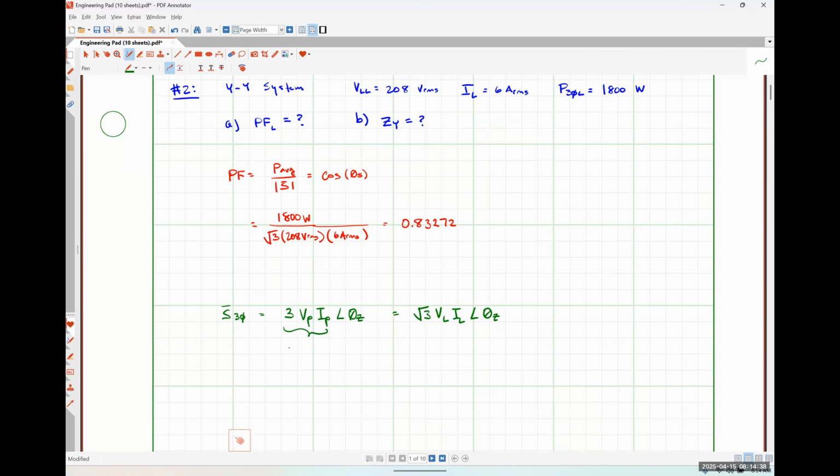Well, this guy right here is simply the magnitude, which is our apparent power when we have phase quantities. And this guy right here is our apparent power when we have line quantities. Since I gave you a line voltage and a line current, we should be using that relationship. We derived why there is, excuse me, why there is a factor of square root of 3 there instead of 3. I want to say that would have been like last Thursday's class meeting.